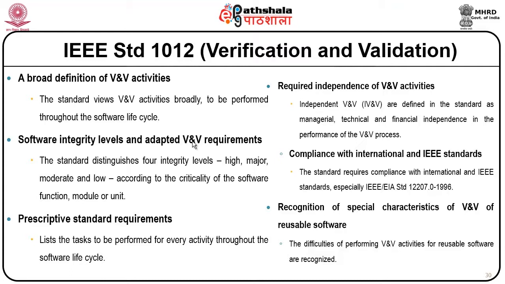The standard distinguishes 4 integrity levels: high, major, moderate and low, according to the criticality of the software function, module or unit. Prescriptive standard requirements lists the tasks to be performed for every activity throughout the software lifecycle.